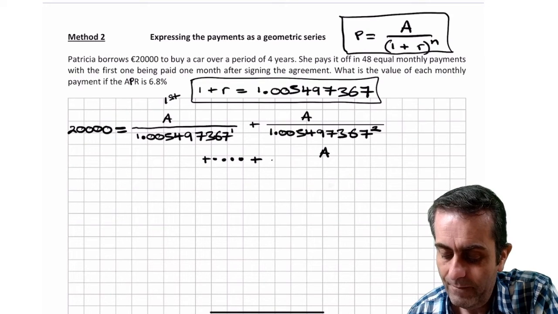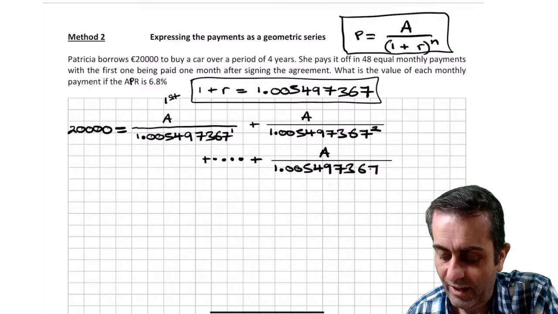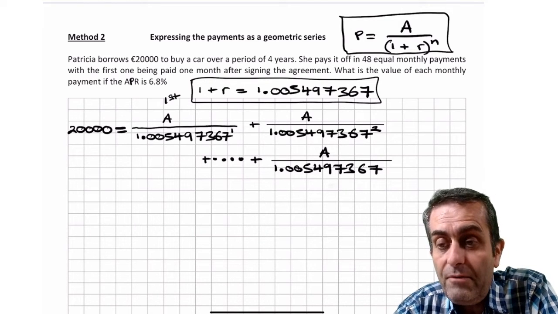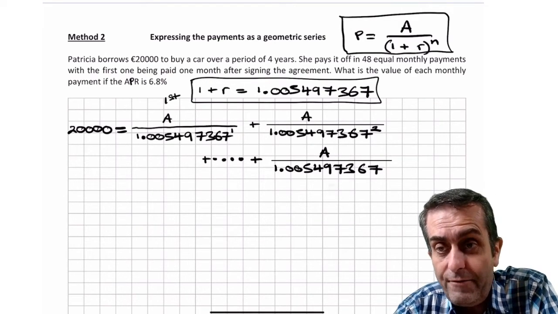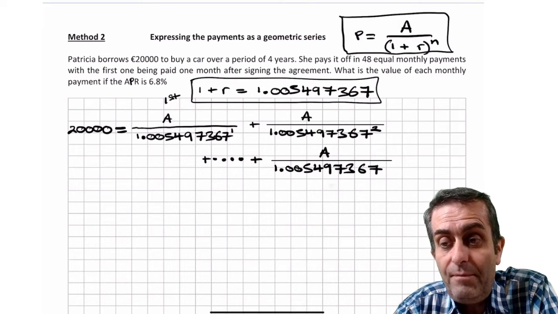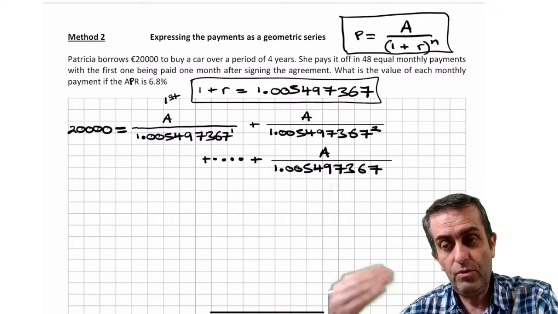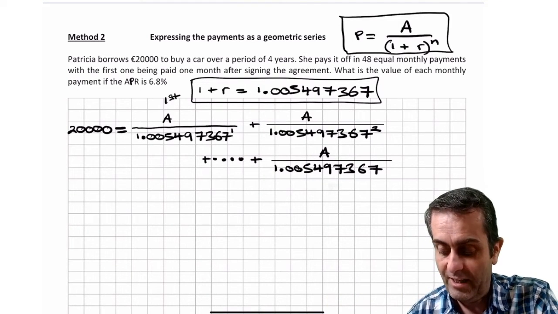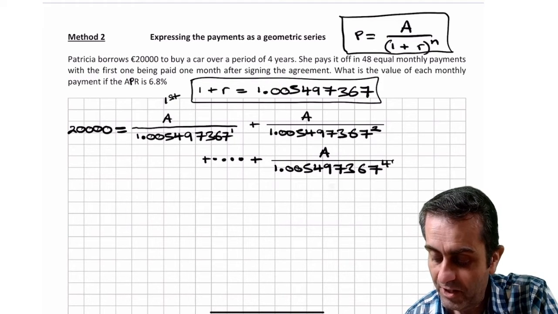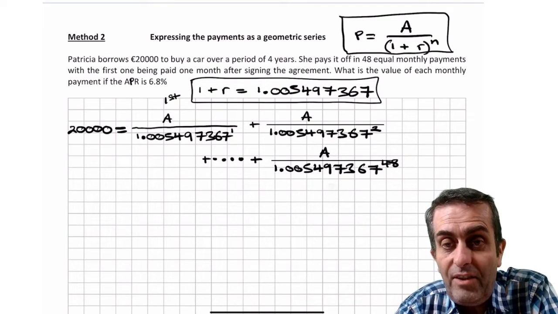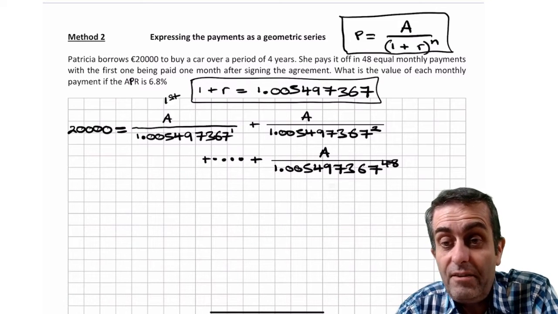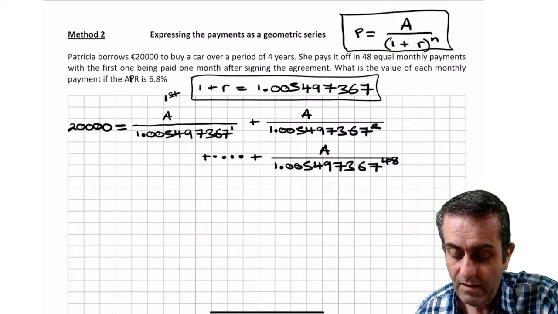So that's plus A divided by 1.005497367 to the power of the amount of time which has passed. Now her final payment is made 48 months after signing. Because remember, the first payment is 1 month, so it's payment number 1, 2, 3, 4, 5, all the way up to 48. So that is to the power of 48, because it's 48 months after she signs the agreement, or alternatively 4 years.